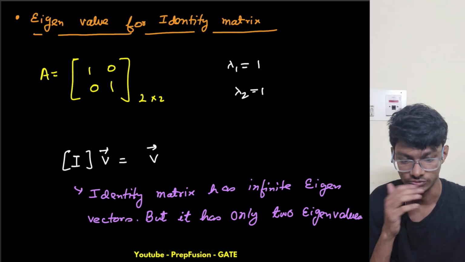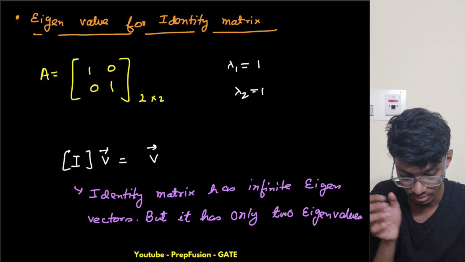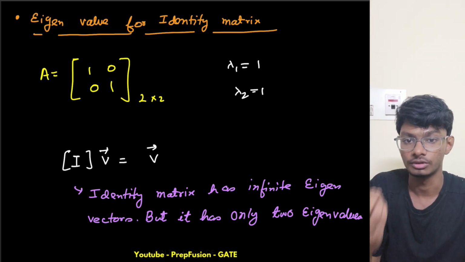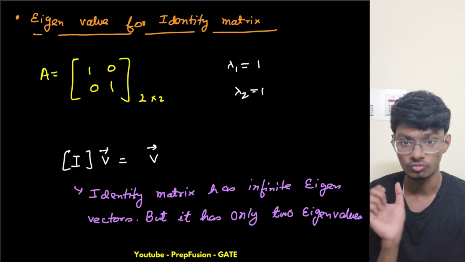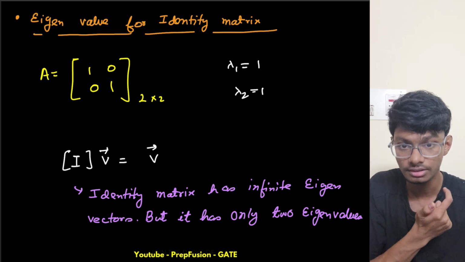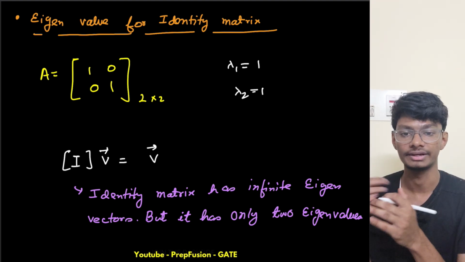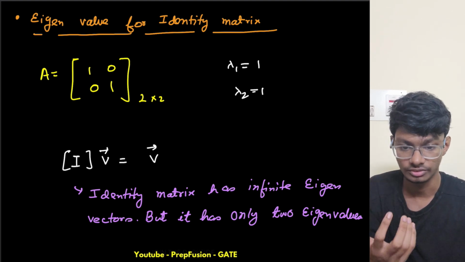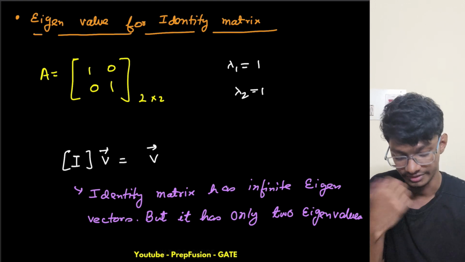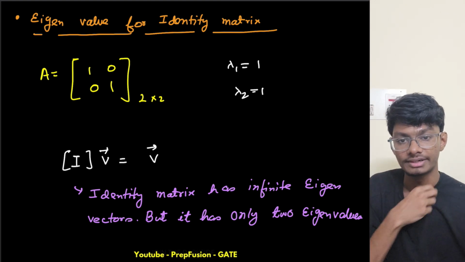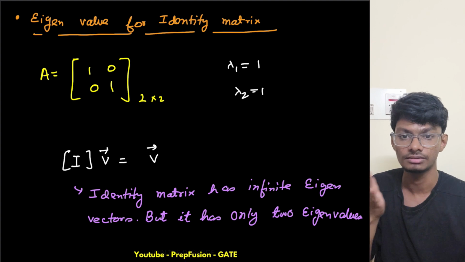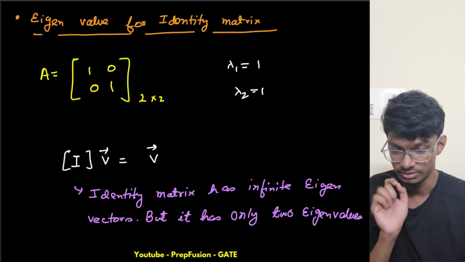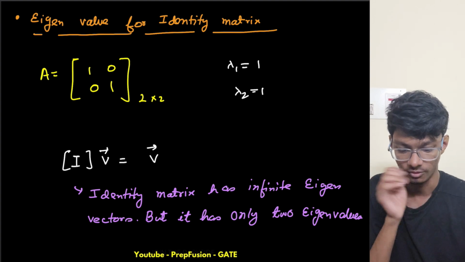Like I told you, I explained why it has infinite: whatever vector we multiply, we get back the same vector itself. That's the property of the identity matrix. So this is a very special matrix, where every vector is an eigenvector for the identity matrix. That was one very beautiful property of the identity matrix.